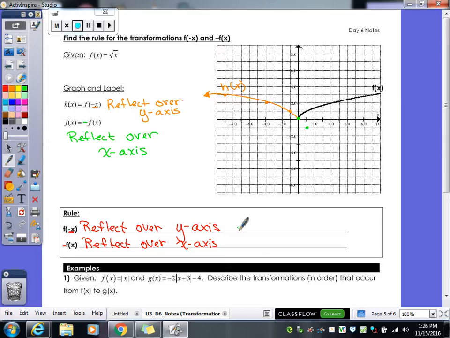I've reflected over my x-axis, drop it down. 4, 2 would become what? Yep. And then 9, 3 would be 9, negative 3. So those are our reflections there.